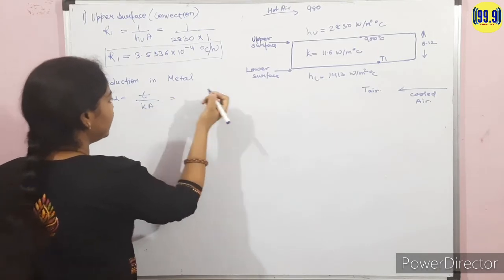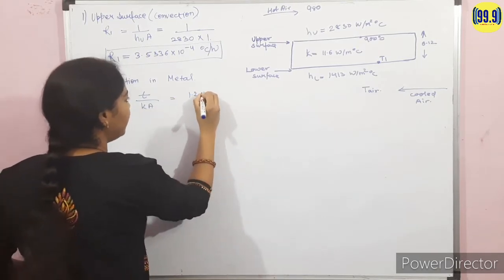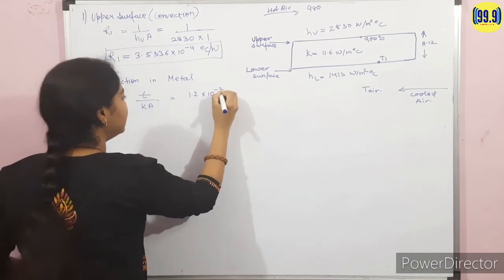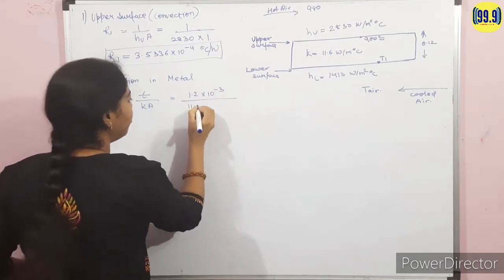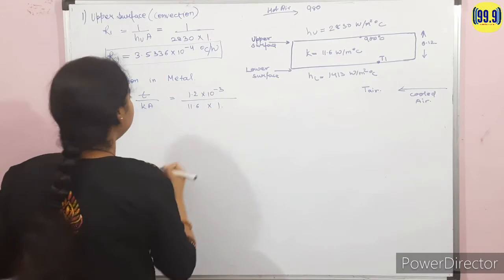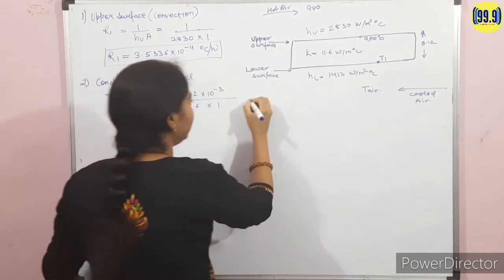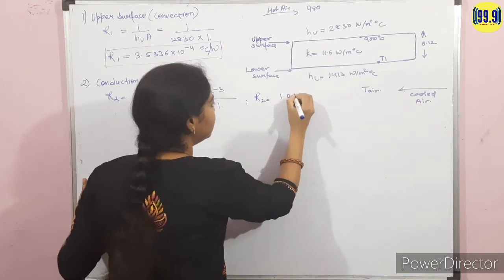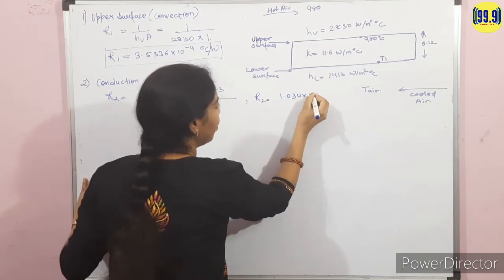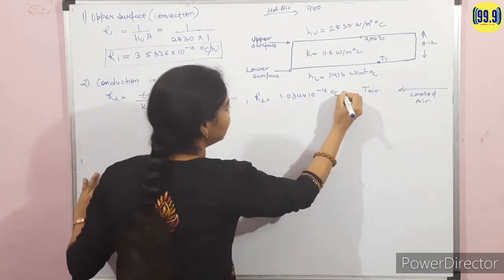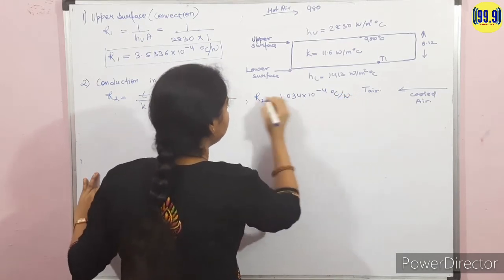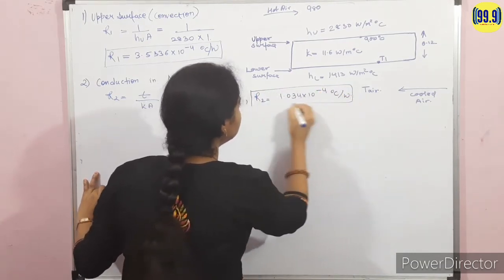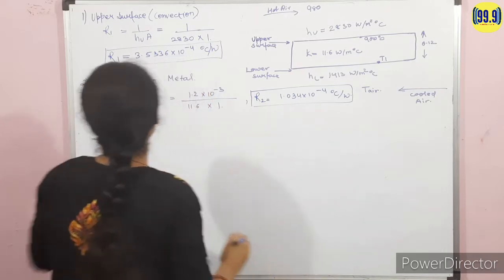The thickness is given as 1.2 into 10 to power minus 3 upon 11.6 into 1. So from here, after calculating, we get the value of R2, that is 1.034 into 10 to power minus 4 degrees Celsius per watt. So this is our second resistance.